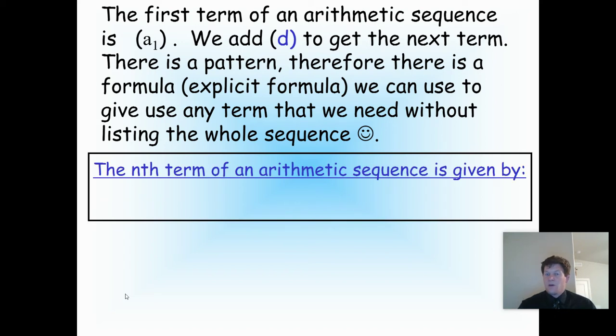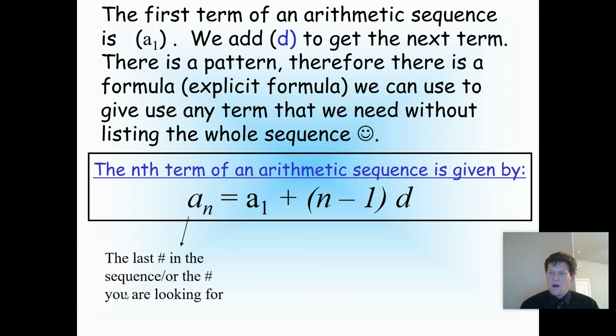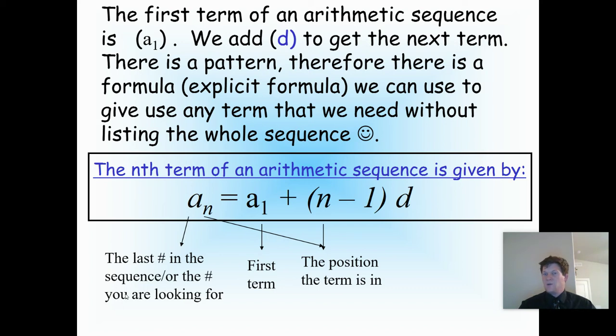To find any term in an arithmetic sequence, you could use this explicit formula. a_n equals a_1 plus n minus 1 times d, which sounds a little complicated, but all it really means is the nth term of a sequence, whether it's the last number of the sequence we're looking for or any number of the sequence we're looking for, is equal to the first term plus our position of the term minus 1 times d, our common difference.